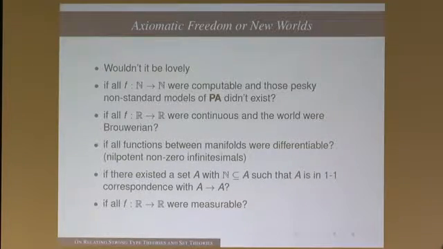And it makes your life easier. Okay. Now, in this case here, we don't have to give up classical logic. In the other cases, one would have to give up classical logic to materialize this dream.